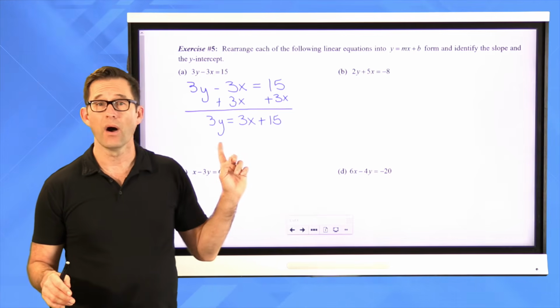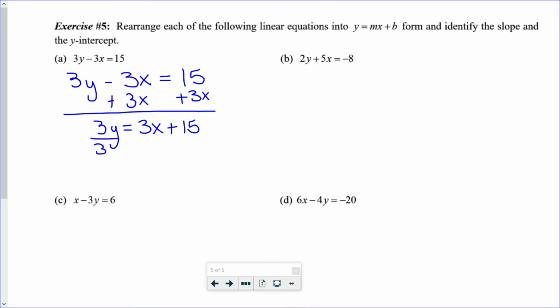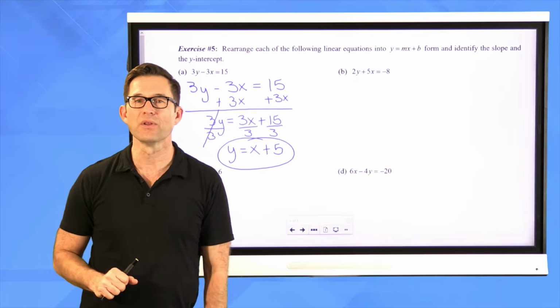Now, I'm going to divide both sides by 3, and I need to be careful here, because I really need to distribute that division by 3. Then I get 3x divided by 3, which is just x, and 15 divided by 3, which is just 5. And now I have it in y equals mx plus b form.